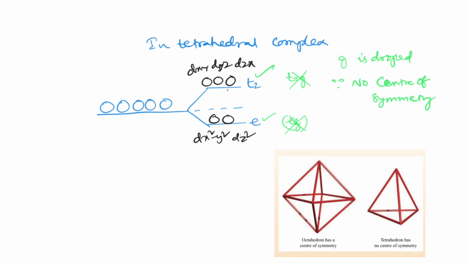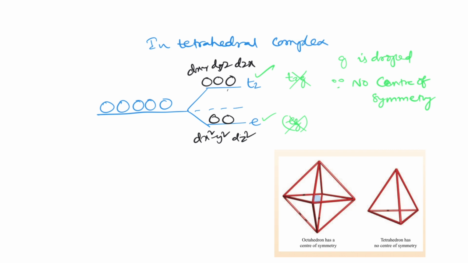Now we have the octahedral complex structure and the tetrahedral. If you take the center of symmetry for this octahedral complex, I am putting a dot at the middle. This is at equal distance from all the corners, therefore it has a center of symmetry.